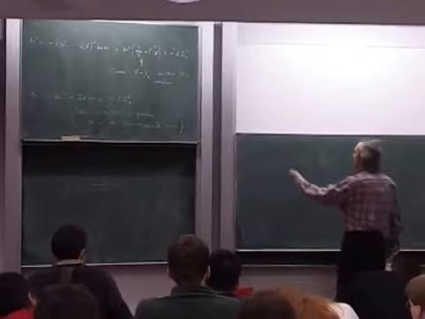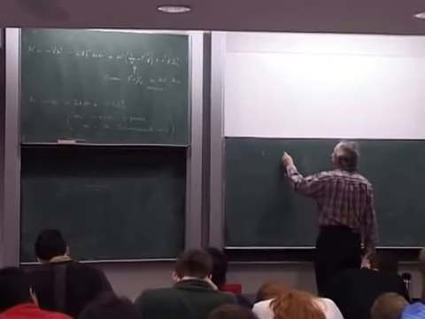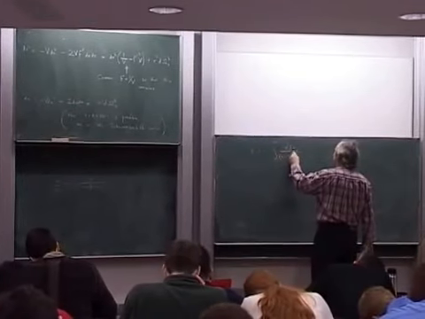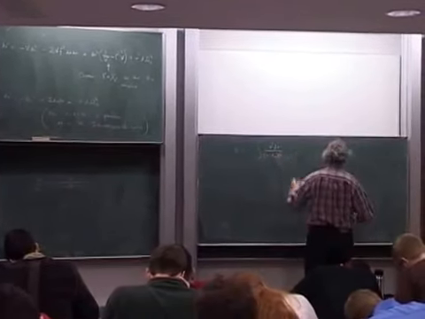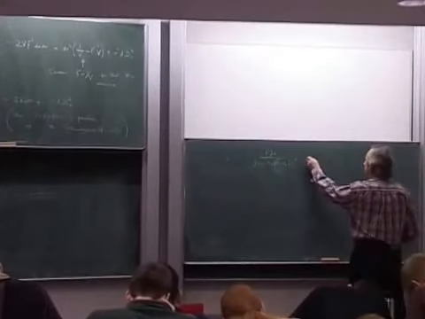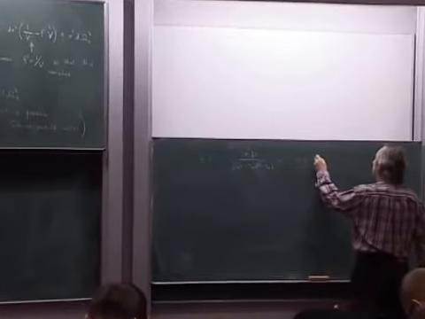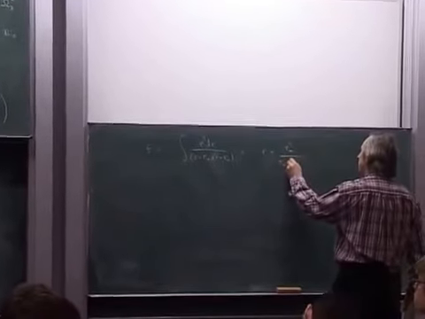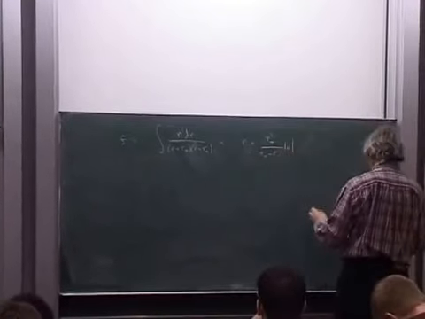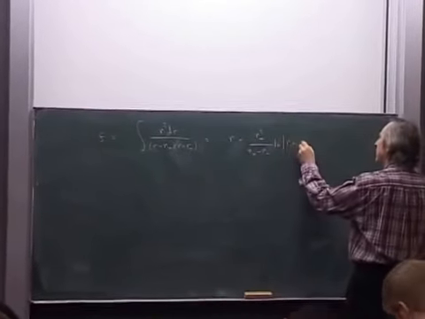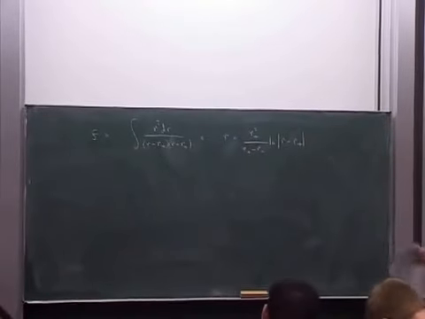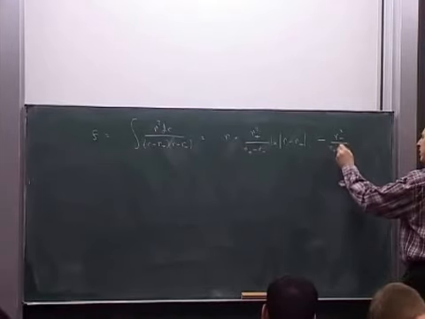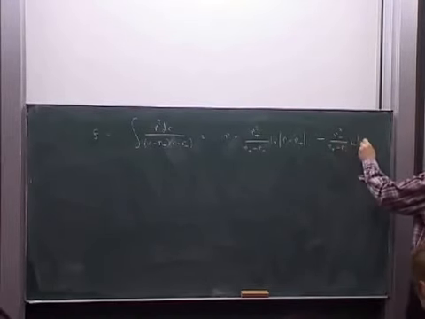And you will get f is equal to the integral of r squared dr over r minus r plus times r minus r minus, and that is, after a little bit of effort, r plus squared over r plus minus r minus times the logarithm of the modulus of r minus r plus, minus r minus squared over r plus minus r minus times the logarithm of the modulus of r minus r minus.